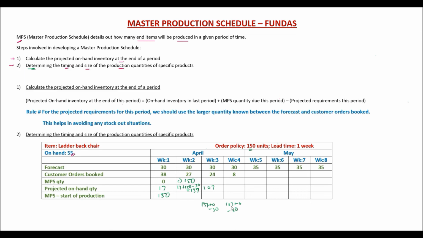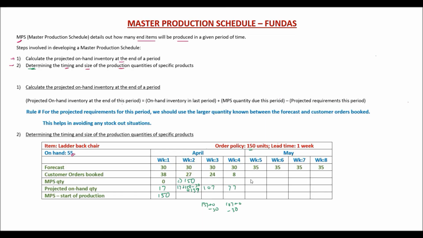So 107 minus 30, which is 77. So the projected on hand at the end of week 4 is 77. So we are able to cater to the demand with the on hand that we were able to get because of this lot size of 150. So we don't need to produce anything till week 4.